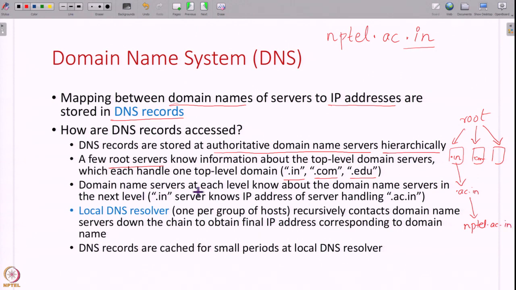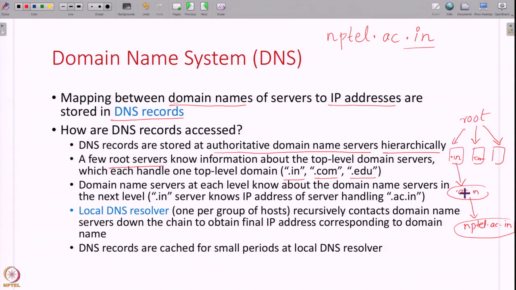Okay. So, every server knows the IP address of the name servers at the next level, and that way you keep traversing this tree hierarchically, starting from the root to the top level domain server to other domain servers, and finally you will reach a server that knows about the IP address of nptel.ac.in.